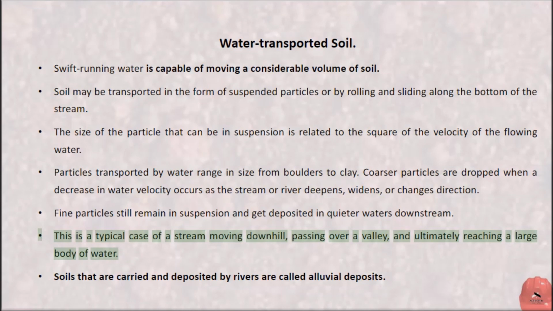This is a typical case of a stream moving downhill, passing over a valley, and ultimately reaching a large body of water. Soils that are carried and deposited by rivers are called alluvial deposits.